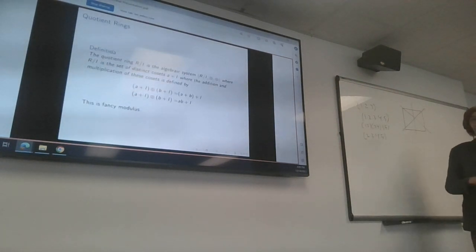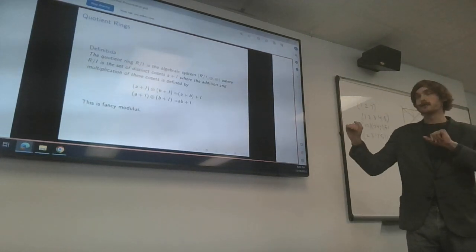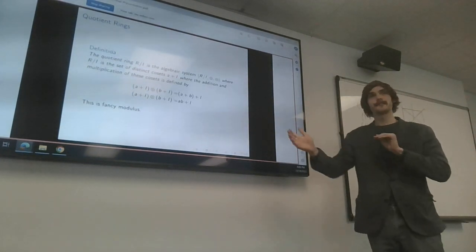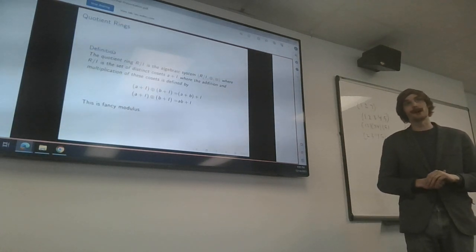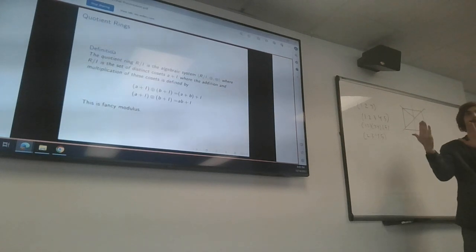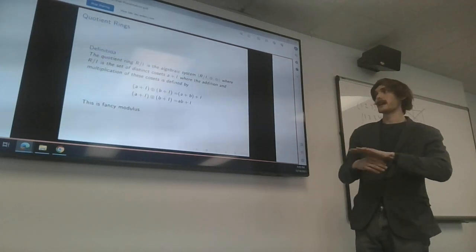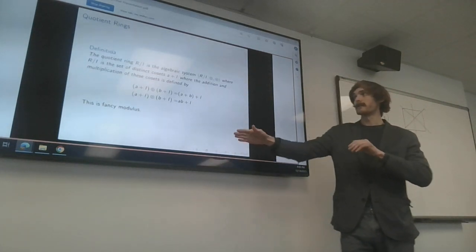Another really important idea is quotient rings. Quotient rings are essentially a fancy way of doing modulus. If you have a set of things that is the ideal, you can do this operation circle plus on them.